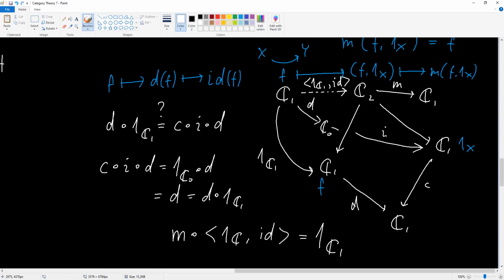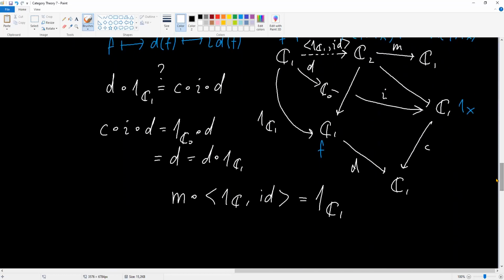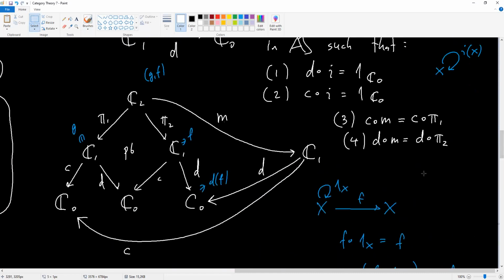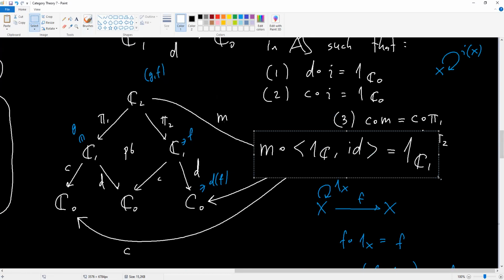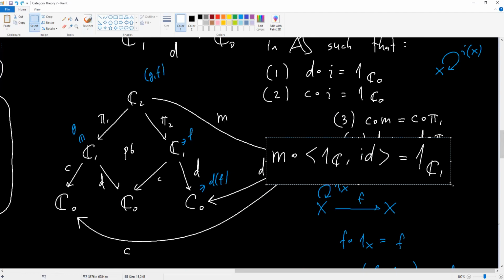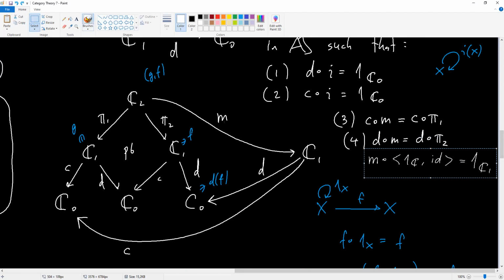Thank you. This is our axiom 5. Make sure it's visible better. So this is 5.